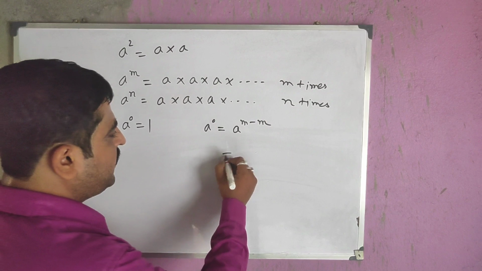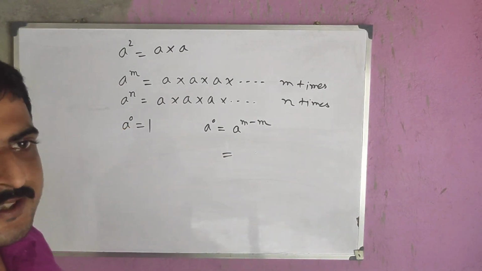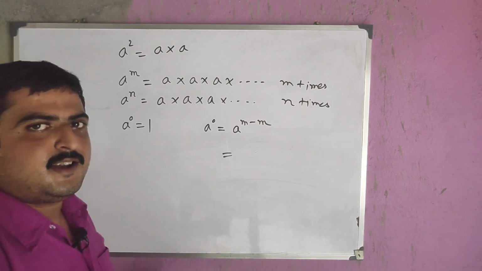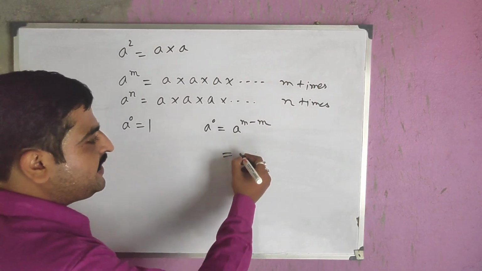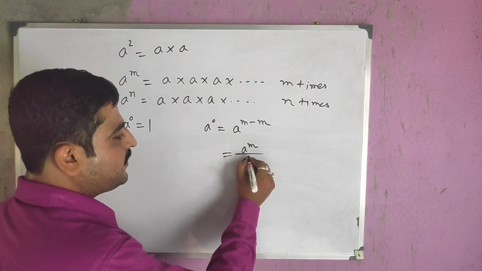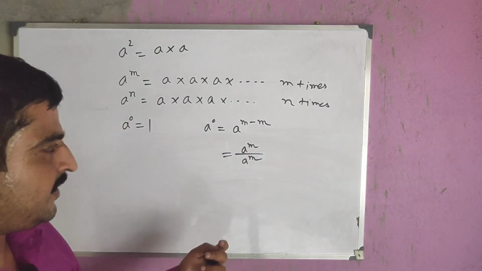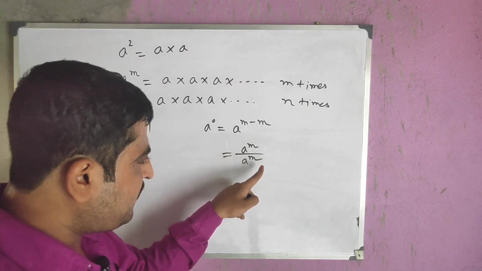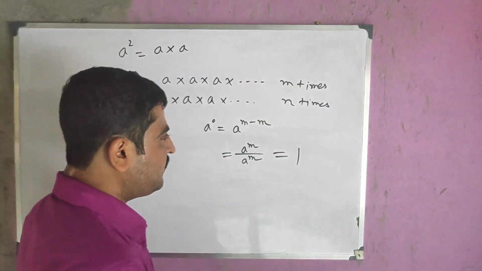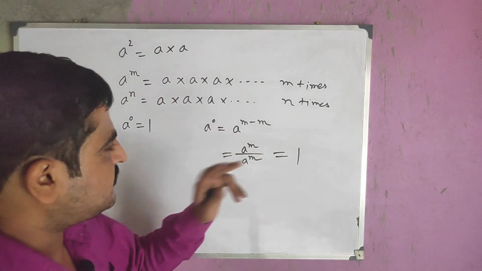When the powers are subtracted, as you have just learned, in the case of division the powers are subtracted. So we can write this as a to the power m by a to the power m. Yes or no? If we divide the same number by the same number, it will give us 1. So something to the power 0 is 1.